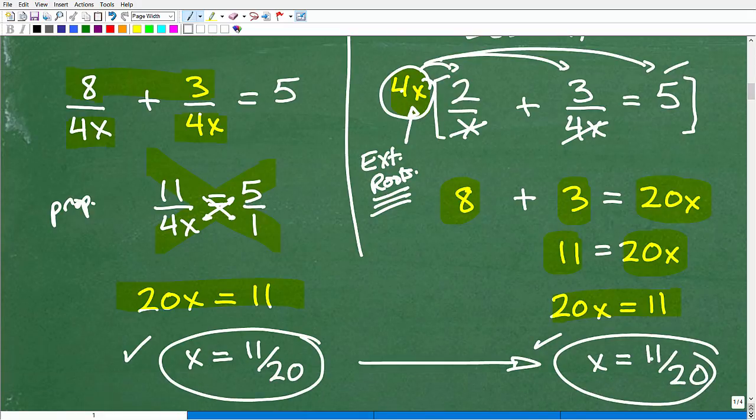We end up having complex fractions, but you would still need to do this. This is not an optional type of thing. Like, yeah, man, maybe I'll just skip this step. Nope, you don't want to do that because your teacher might skip giving you all the points for a problem. You've got to know about extraneous solutions. But over here was a nice direct path to go. So we have x is equal to 11 over 20.